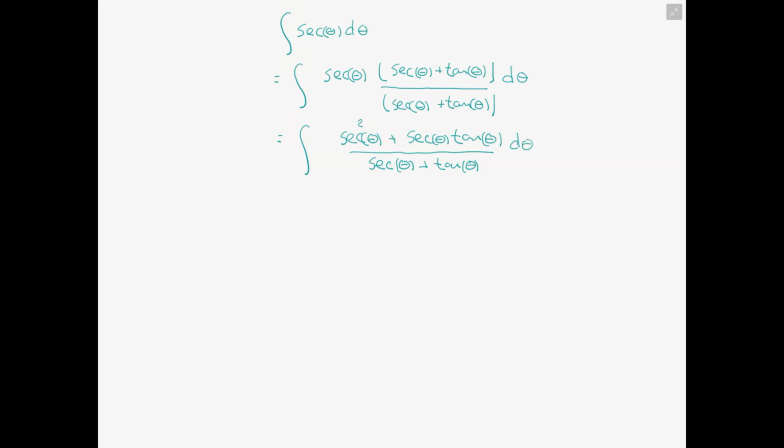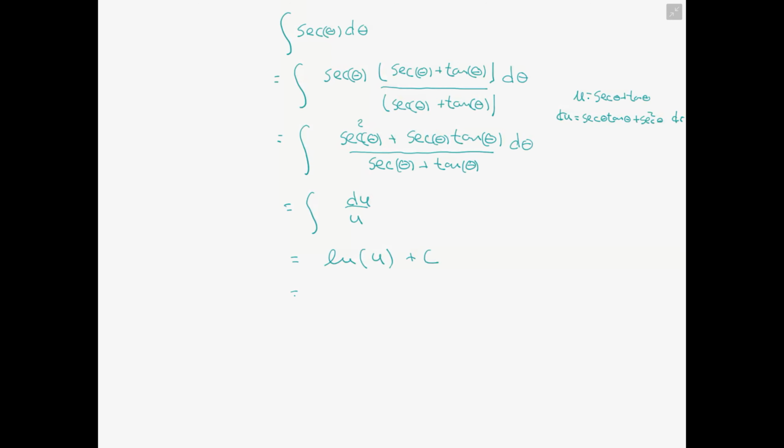And if we did u equals secant theta plus tan theta, then du equals secant theta tan theta plus secant squared theta, and that's all d theta. So we have here, in essence, du over u, and that's equal to ln u plus c.